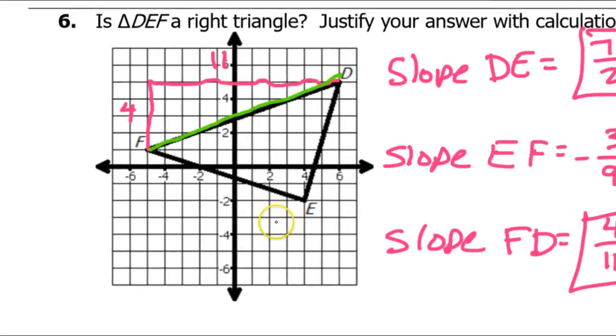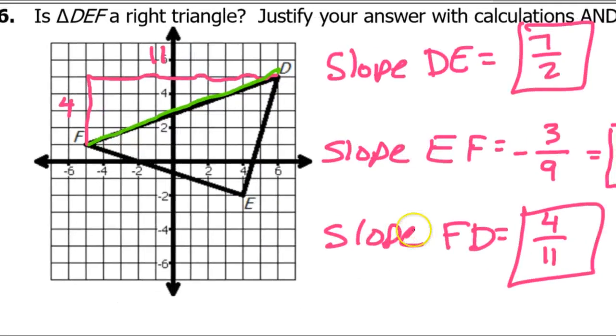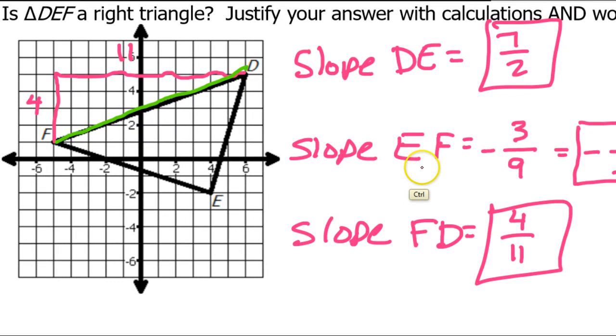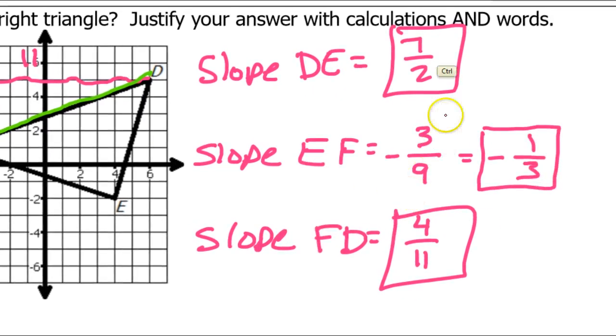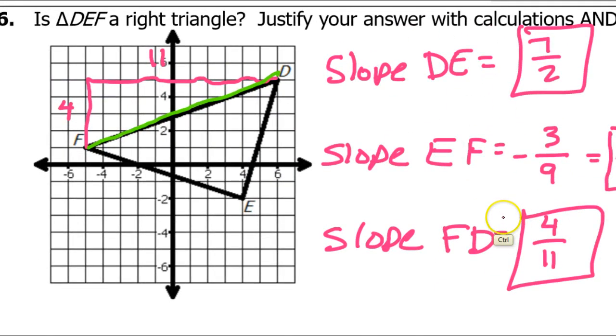If you were just trying to guess, DE and FE sort of looked like maybe that was 90 degrees. But look, it's really 7 over 2 and negative 1 over 3. Those are not reciprocals. Now having said that, I feel like I should count DE again.